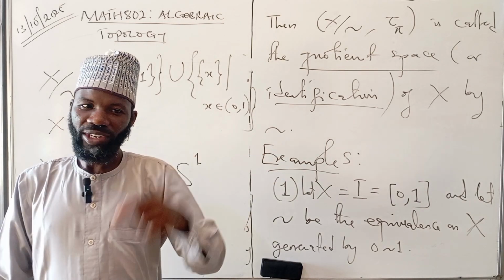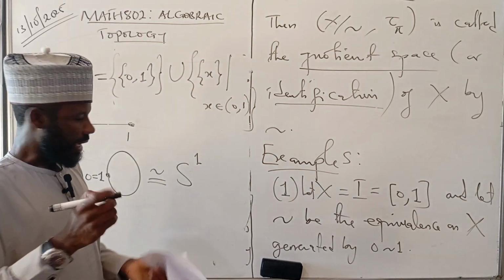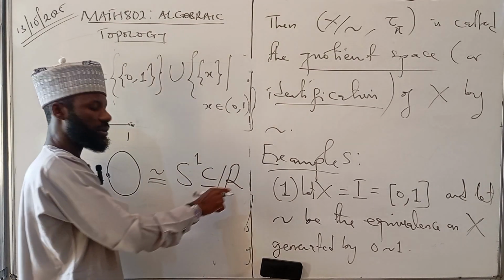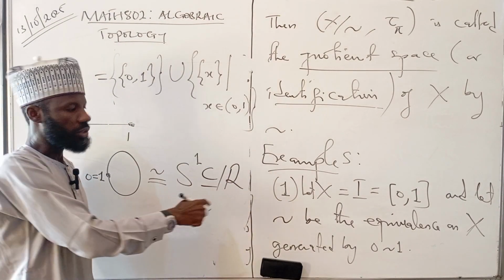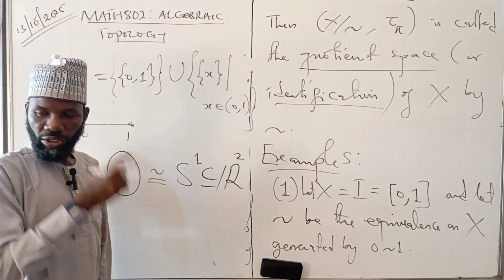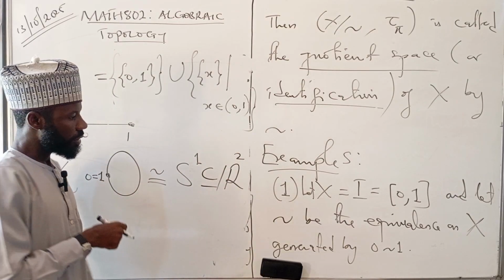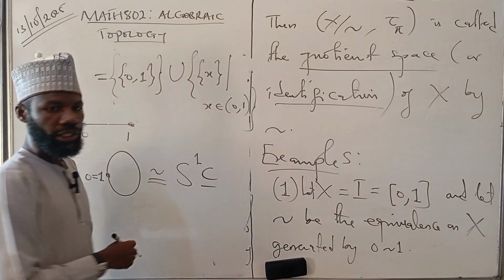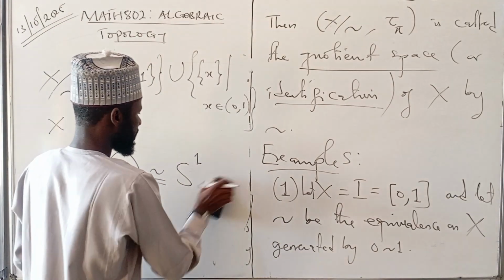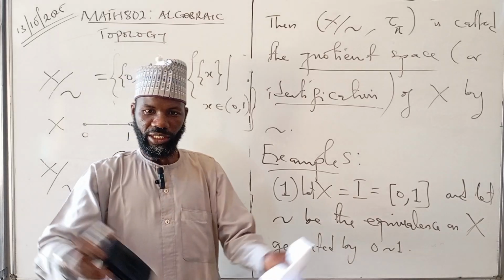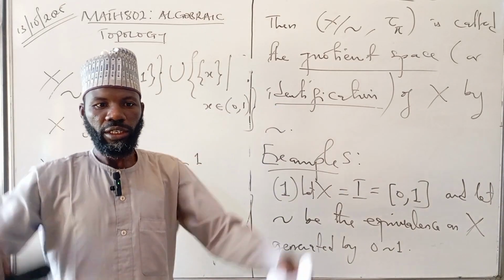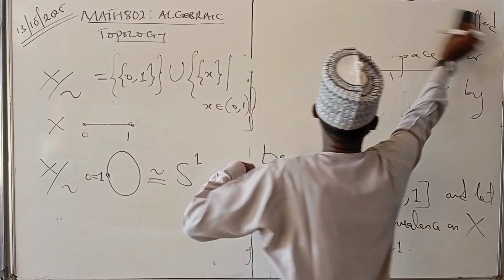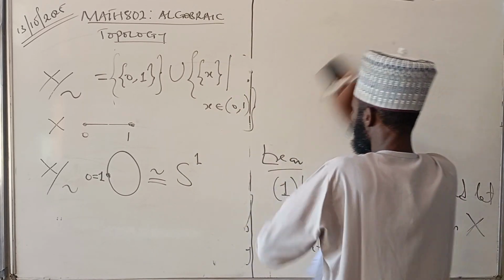I think in the last lecture I made some mistake by writing a cycle as a subset of R. No, it should be a subset of R2, not a subset of R. The cycle should exist in R2 and not in R, because it's one-dimensional, but it exists in 2 dimensions and the higher order dimensions. I hope it's okay. So this is my first example of the quotient space.